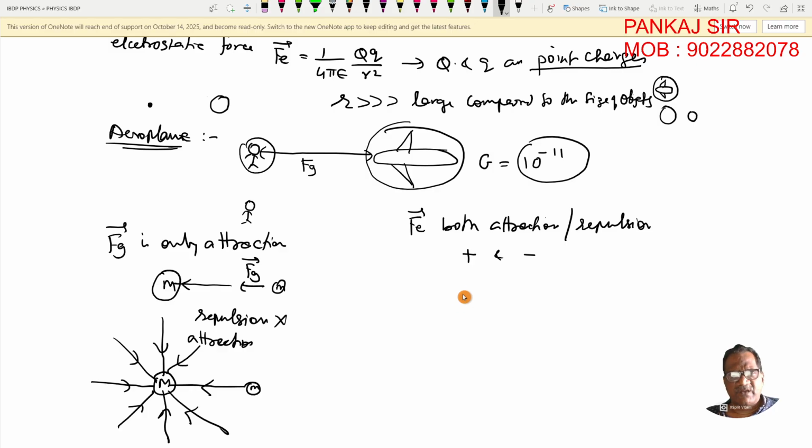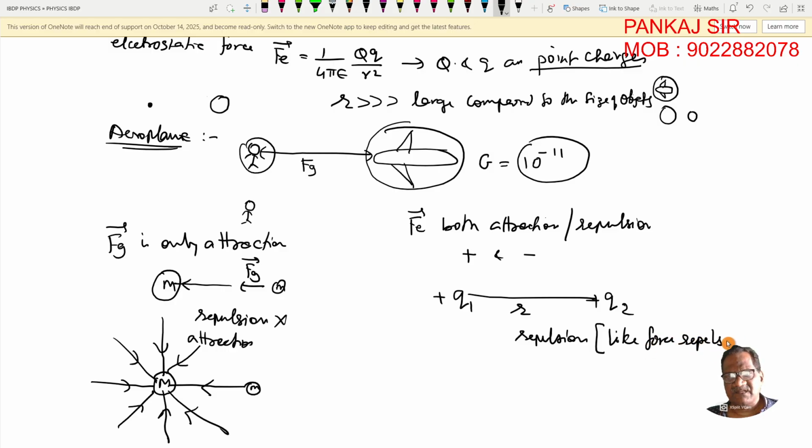So suppose you have two positive charges, say q1 and q2, separated by some distance, say r. Then the force between these two charges will be a force of repulsion, because the law says that like charges repel each other.